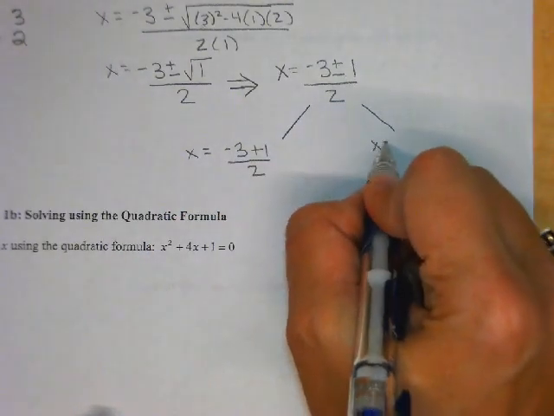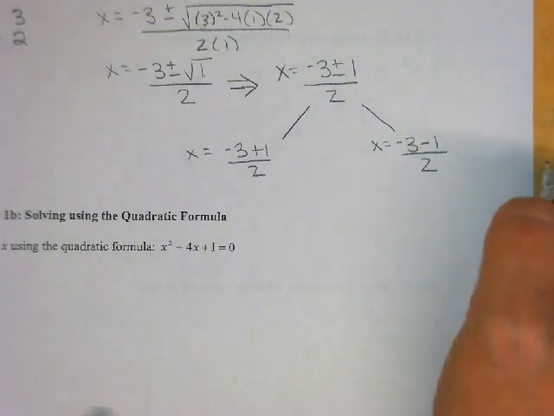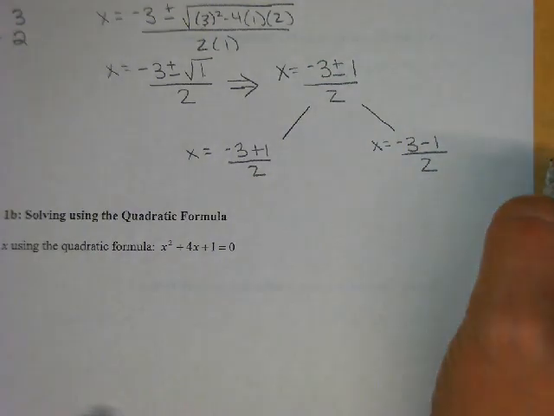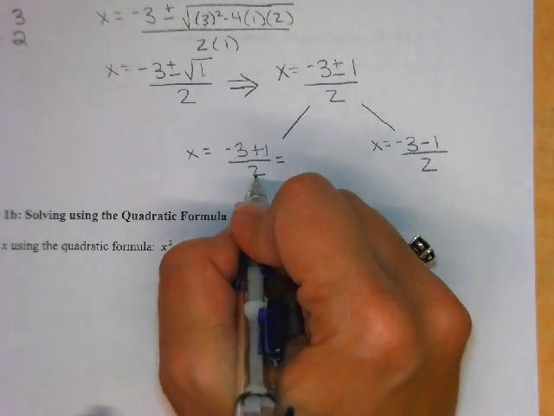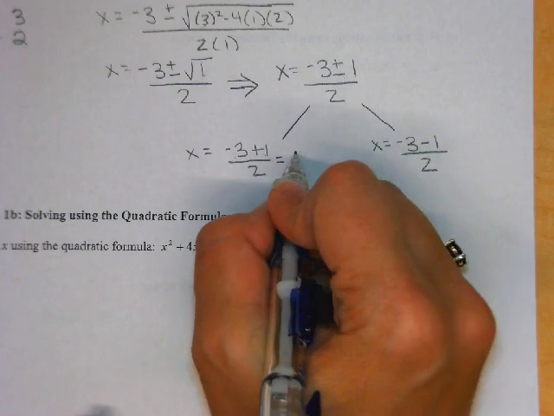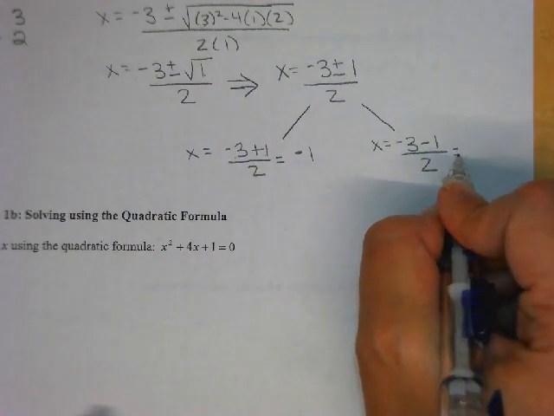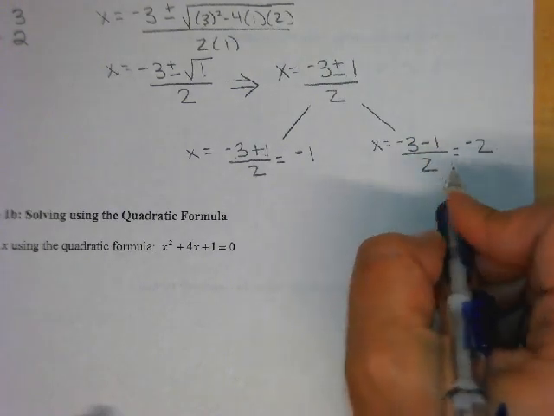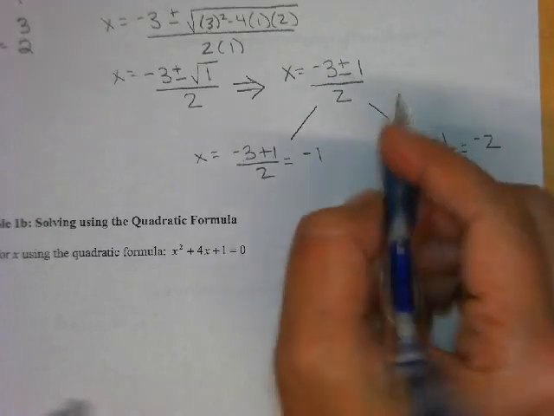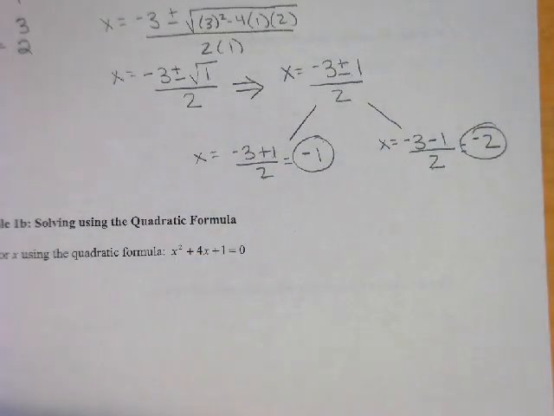And this is also saying negative 3 minus 1 over 2. Do you see that? So negative 3 plus 1 is negative 2. What's negative 2 over 2? Negative 1. What's negative 3 minus 1? Negative 4 over 2 is negative 2. So our roots, our x-intercepts, they are very nice, negative 1 and negative 2.